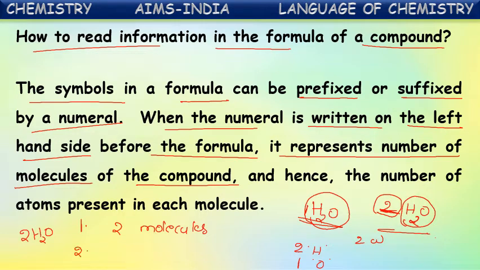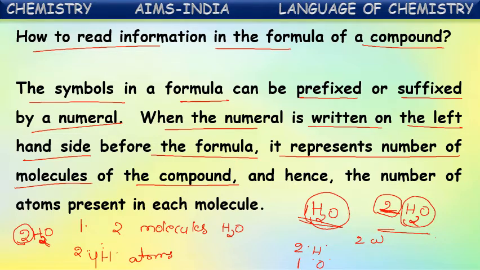And the second question I am asking: how many hydrogen atoms are present? See, here this 2 represents the number of hydrogen atoms. Two hydrogen atoms are there. But how many molecules? Two molecules, right? So 2 twos are 4. In two molecules of H2O, 4 hydrogen atoms are present.